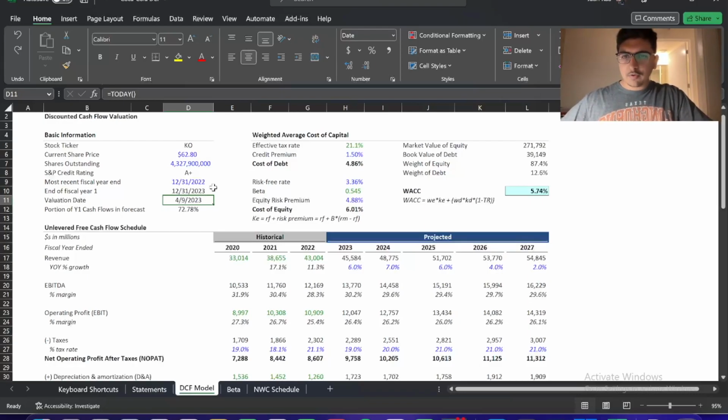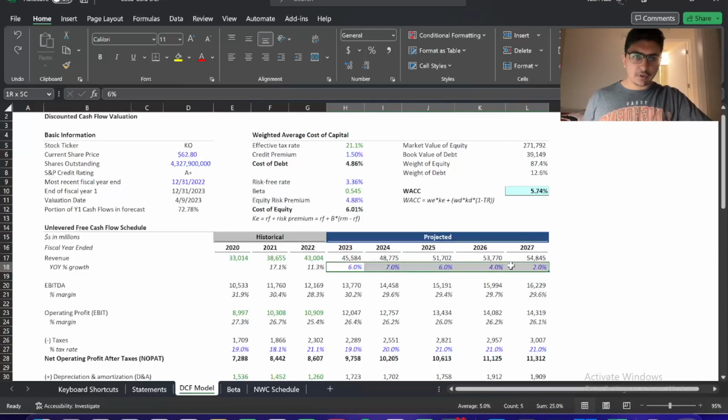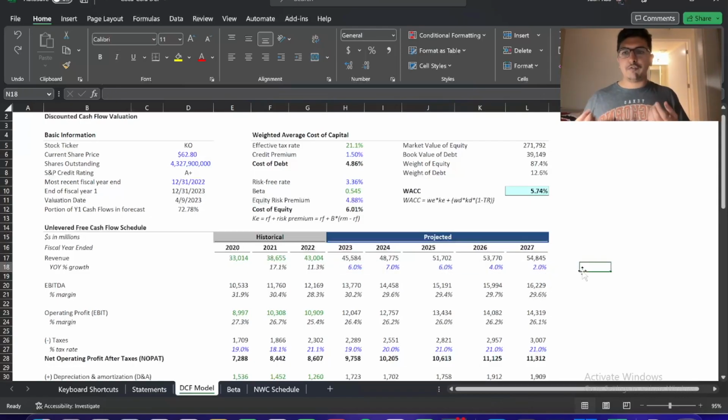The date that we're actually valuing it is 4/9/2023, which means technically we have projected these cash flows as if we were valuing it immediately at the end of the fiscal year of 2022 for Coca-Cola, 12/31/2022. But in fact, we're valuing it to today.